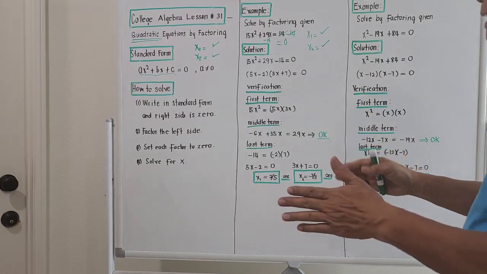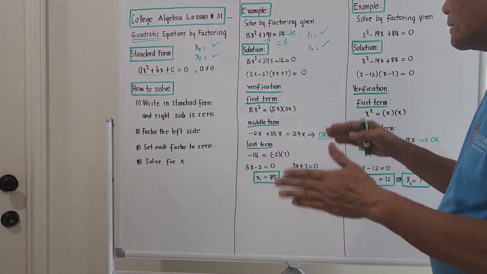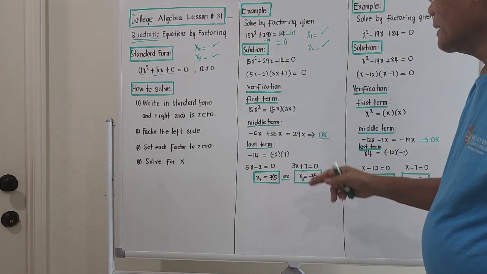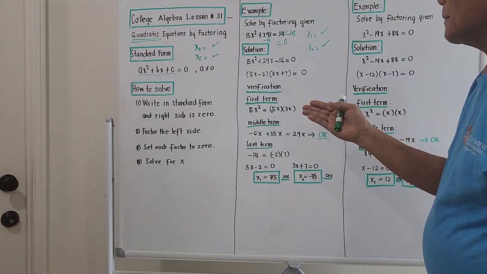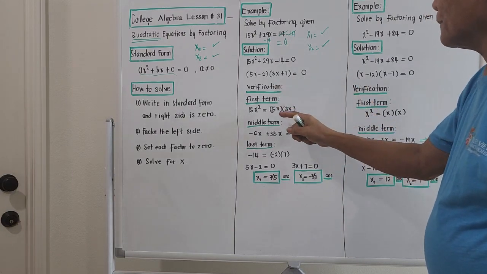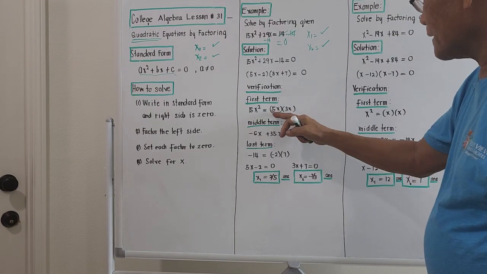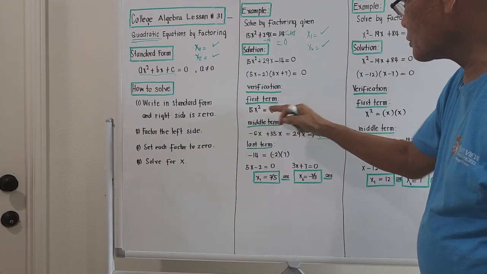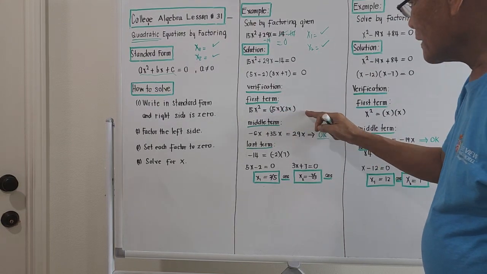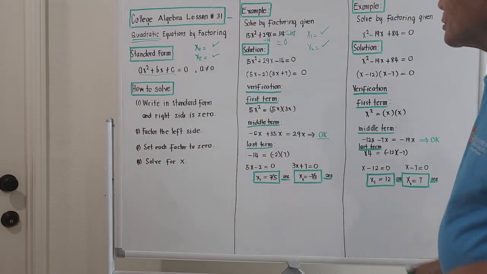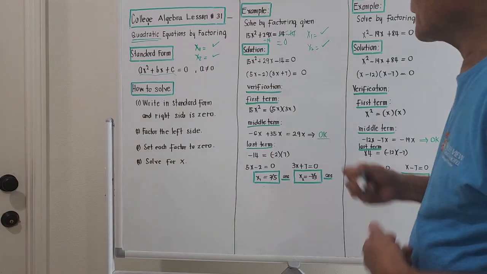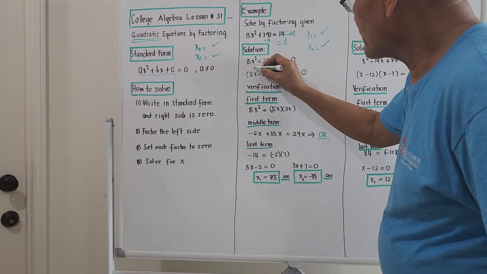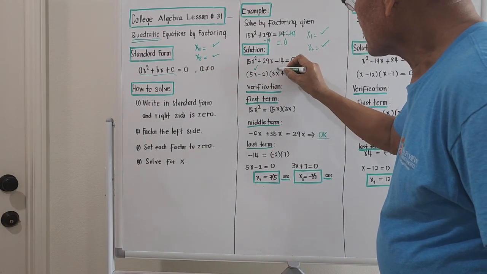There are many other factors, but in this solution, the only possible factors needed will be 5x times 3x, because 5 times 3 will be 15, and x times x will be x squared. So 5x times 3x is actually 15x squared. So the first part of the two binomials will be 5x and 3x.